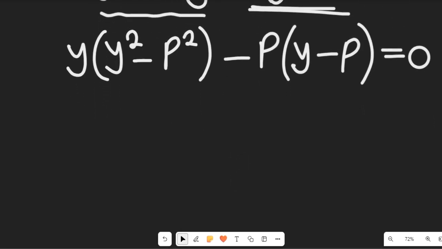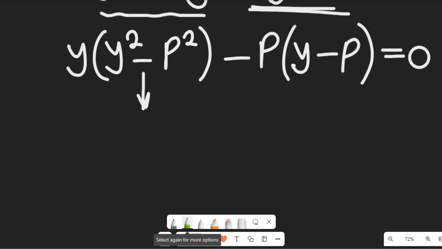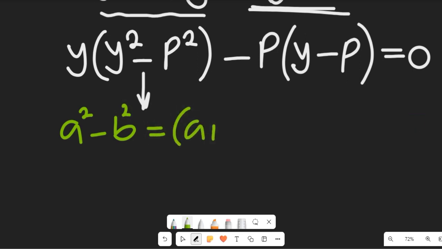So, having gotten this, the next thing we have to look for is to widen out this expression. Do you notice that this expression seems like a difference of two squares? We have a squared minus b squared. This can be equal to a plus b multiplied by a minus b, right?